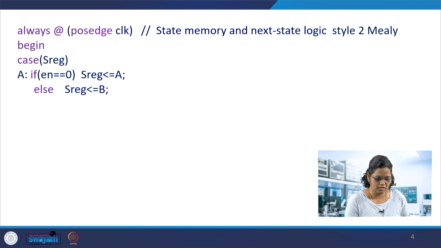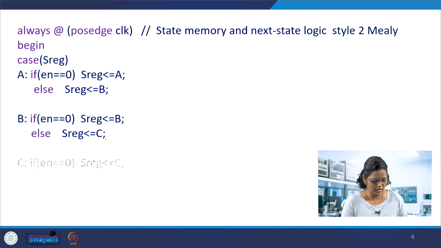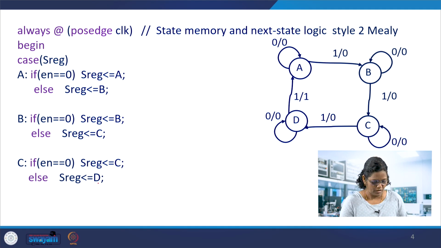We have brought this state memory here using the non-blocking statement. If SREG is at B, that is the current state is B, and enable is 0, then stay there, otherwise move to C. Similarly at C, if enable is 0, stay there, or else go to D. We have not considered the output here.